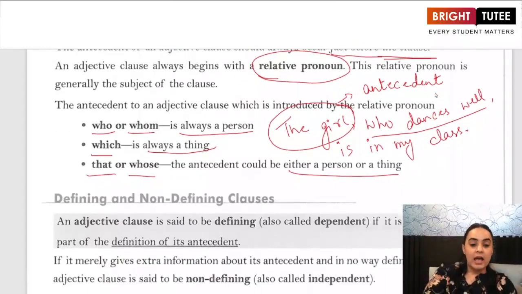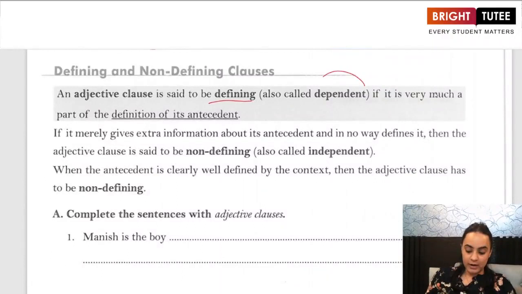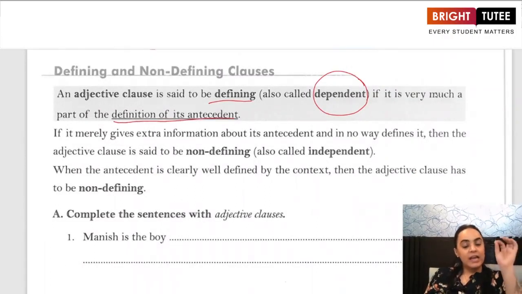Now, an adjective clause is said to be defining if it is a part of the definition of its antecedent. If my adjective clause is a part of the definition of my antecedent, it is known as a defining clause.